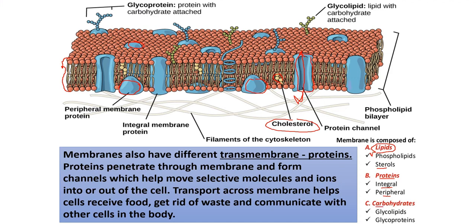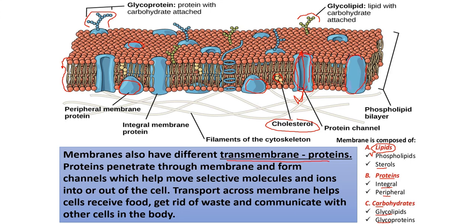Then we have carbohydrates such as glycolipids and glycoproteins, and here we show part of the glycolipids and part of the glycoproteins. Today we will concentrate on the transmembrane proteins.